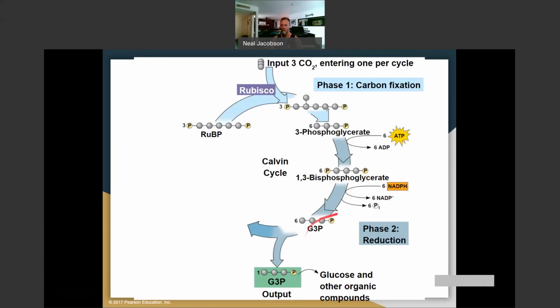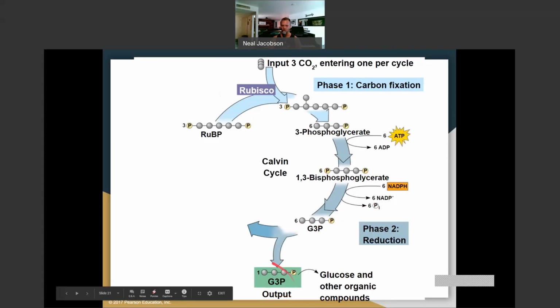All right, so now we're counting the carbons. We've got six 3-carbons with two phosphates attached. Now we have six 3-carbons with only one phosphate attached, because some of them popped off to make room for the extra electrons. So now we've got 6 G3P. One G3P is going to leave the system, and we'll talk about what happens to that G3P.